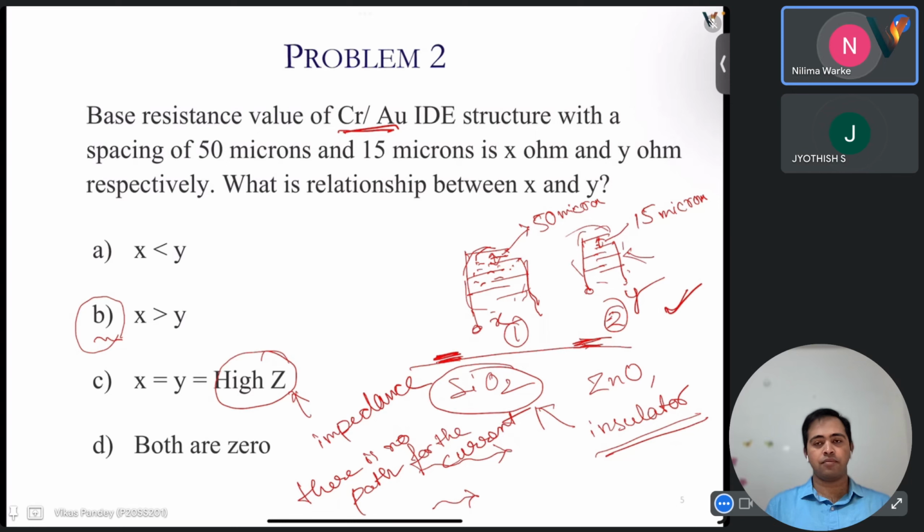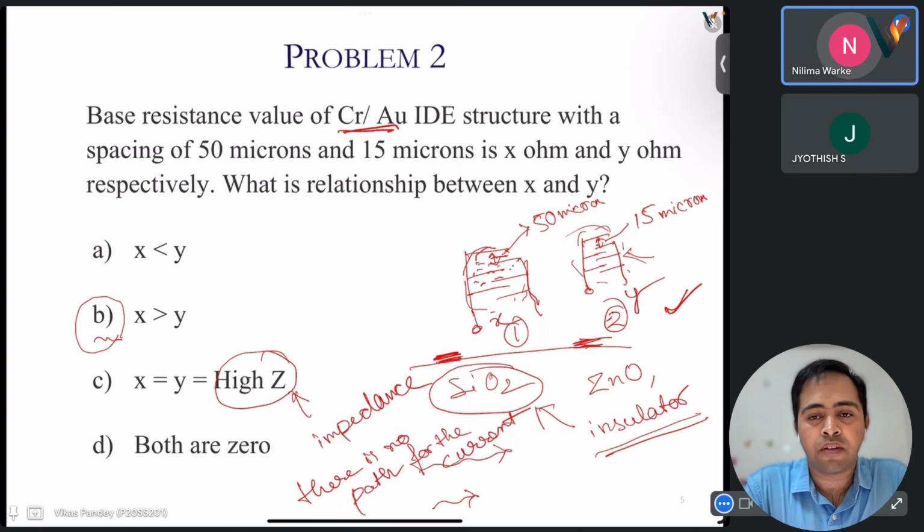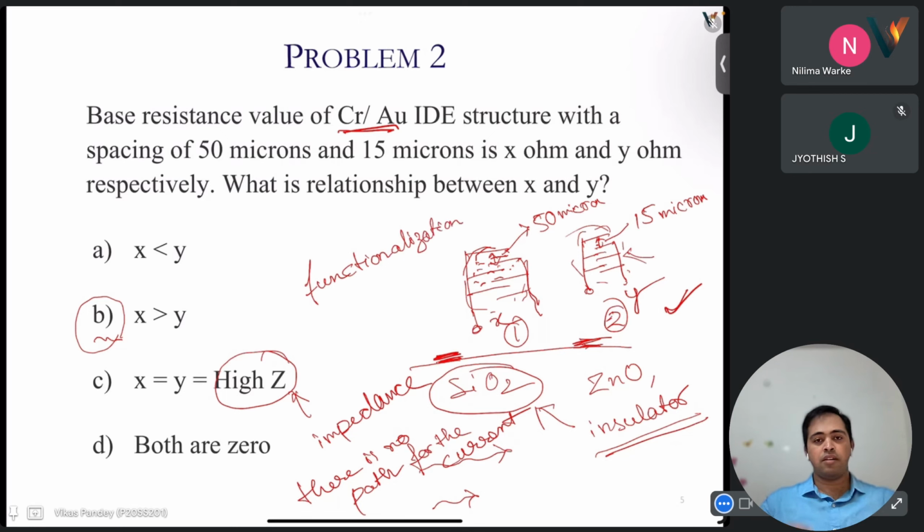Which layer is it, sir? The functionalization layer. There can be some other terminology also, because sometimes if we are using similar names, when you publish, it may get caught in a flag.